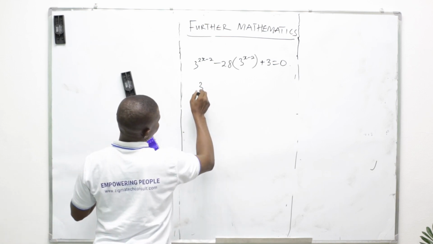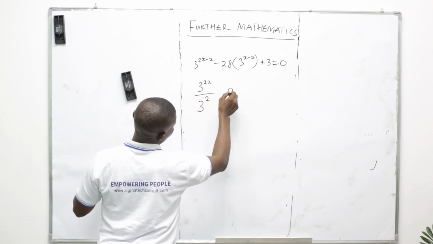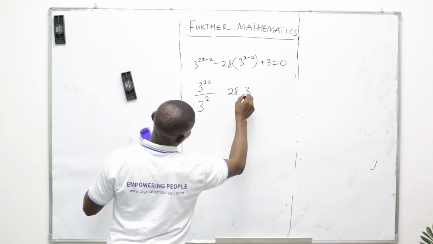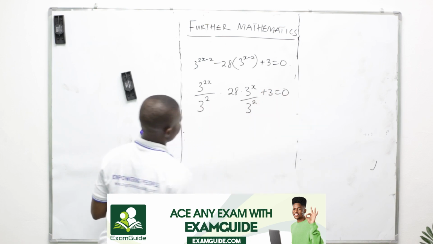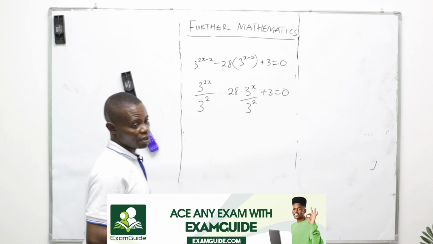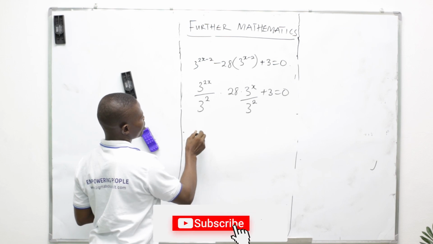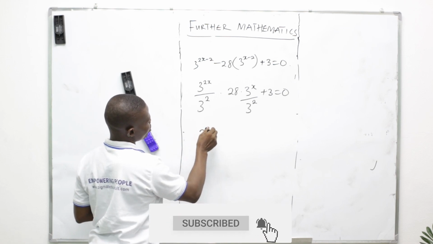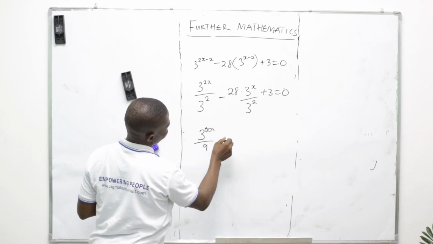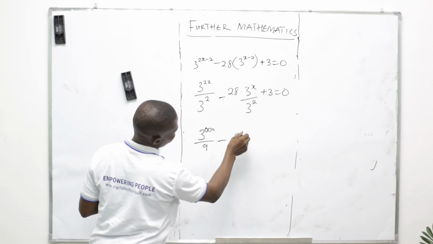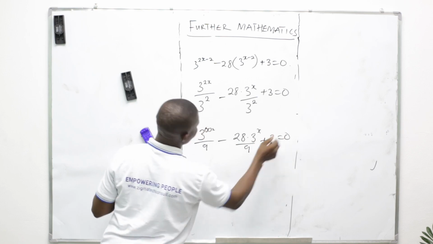This is an exponential equation. So let's settle this very well. This will give us 3 power x all squared, all over 9, minus 28 times 3 power x all over 9, plus 3 equals 0.